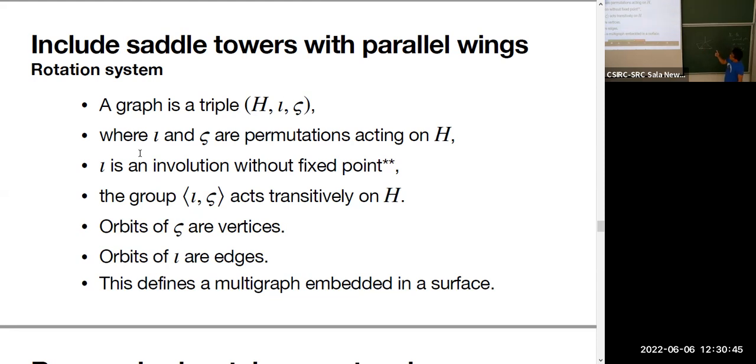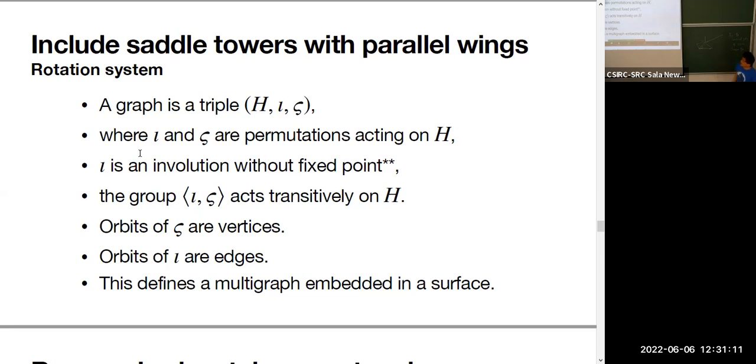But in my application for gluing saddle towers into singly periodic minimal surfaces, I have Scherk ends that don't glue to another saddle tower. And then I have to relax this condition. I say for these Scherk ends, the iota maps the half edge to itself.